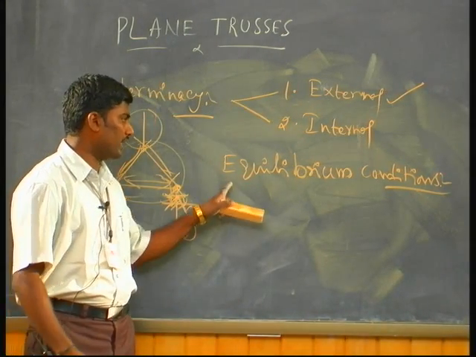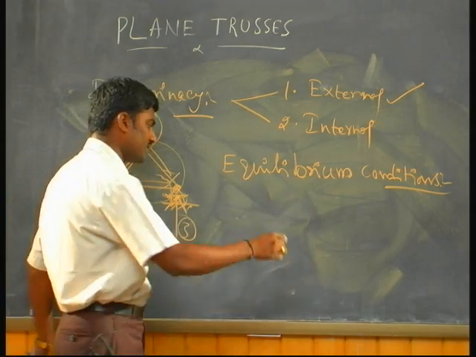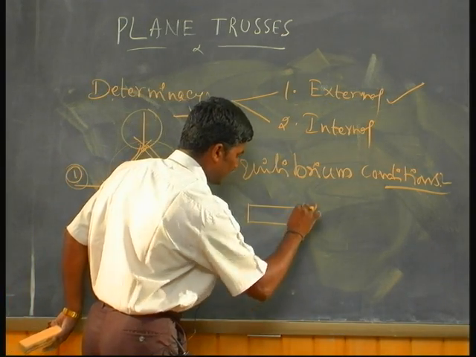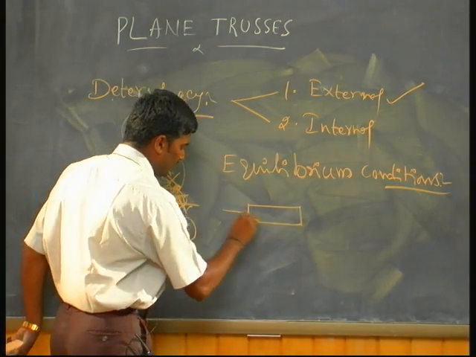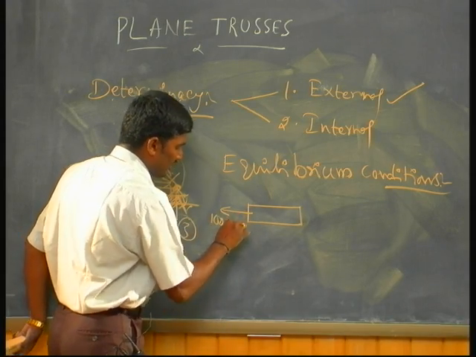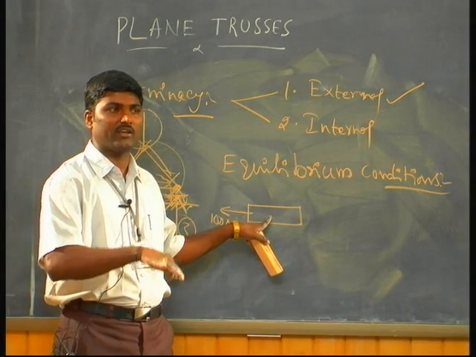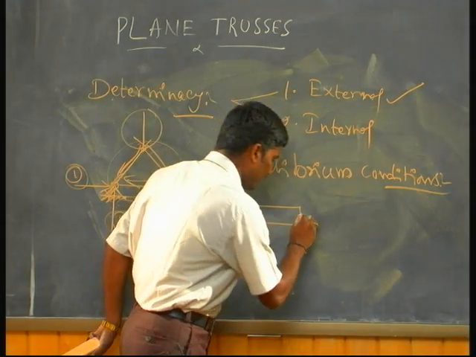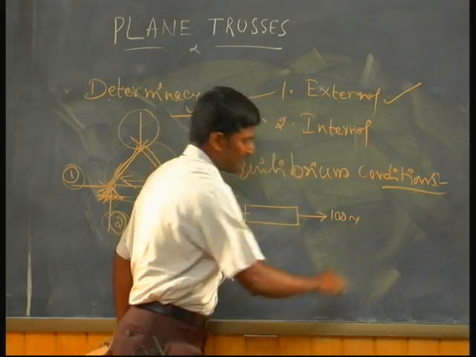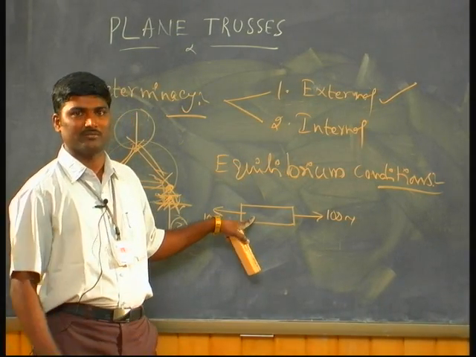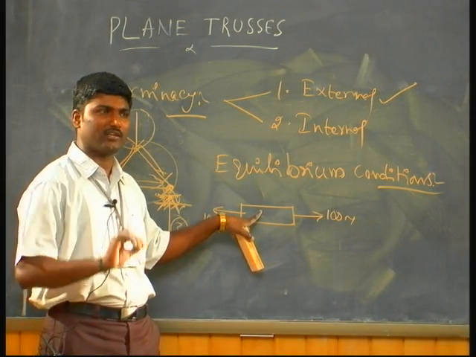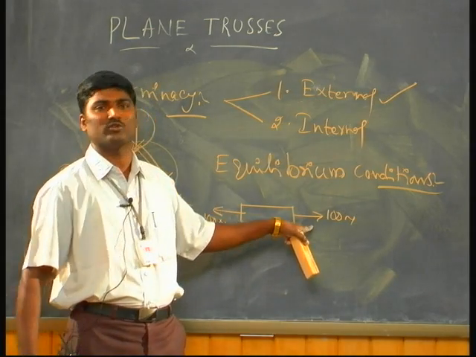Equilibrium means stable. So if this is a member, if I have 100 Newton to this side, if I want to keep this member in equilibrium, stable, I must apply 100 to the other side. This is called equilibrium. So this member is under equilibrium upon these two forces.